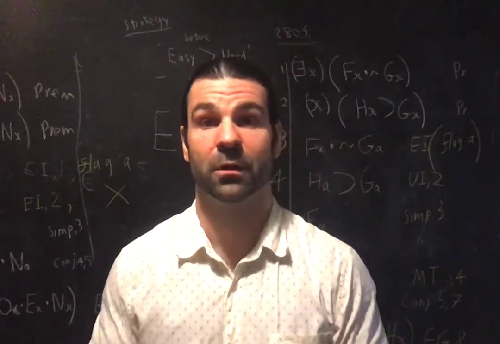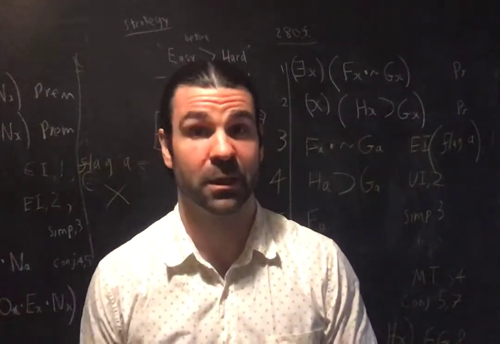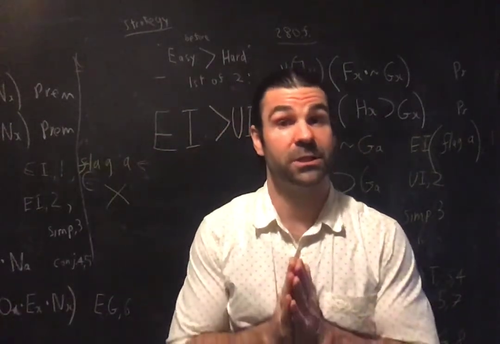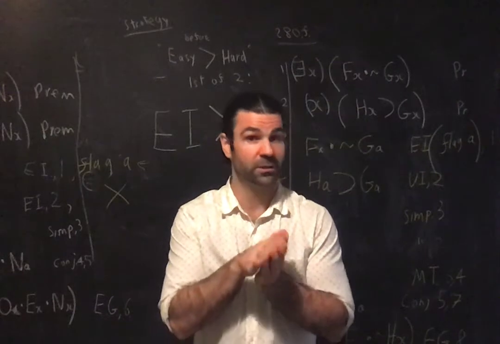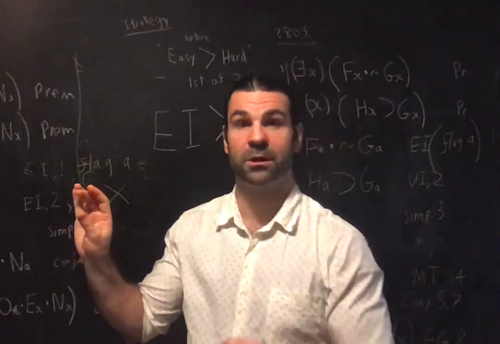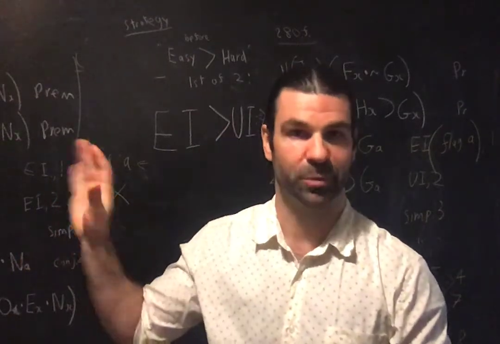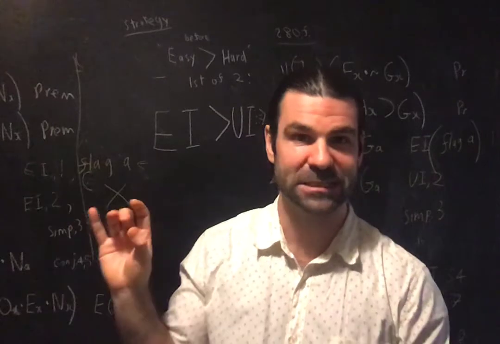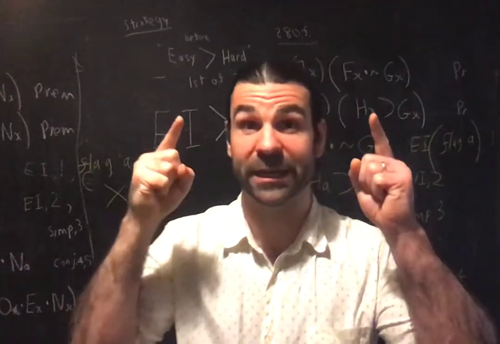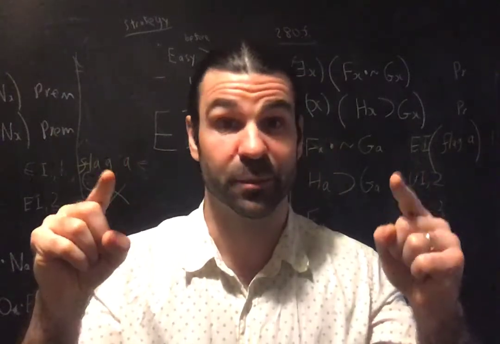When you do EI, you have to flag the letter to which you're instantiating. But universal instantiation is an unrestricted rule. You do not need to flag that letter. If you have a universal statement, you're allowed to infer that the propositional function in that statement is true of any individual, including an individual that has been flagged at a previous step.